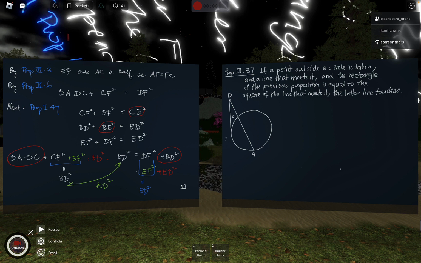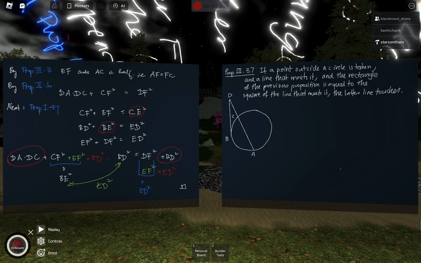I'm going to draw it as though it touches, but we're taking two lines that meet the circle, and one of them, DB, potentially touches, and the other one we, by construction, know does not touch. So we give the name C to where it meets the circle. What we suppose is that DA times DC, that's the rectangle, is equal to the square of DB. And then we're going to prove that DB actually touches rather than properly meets.